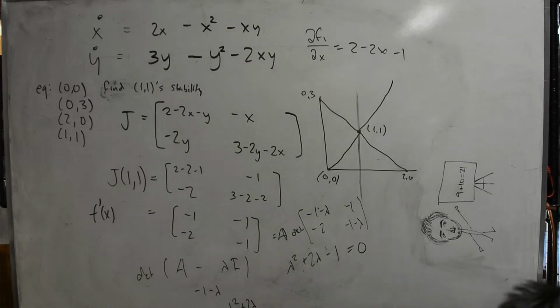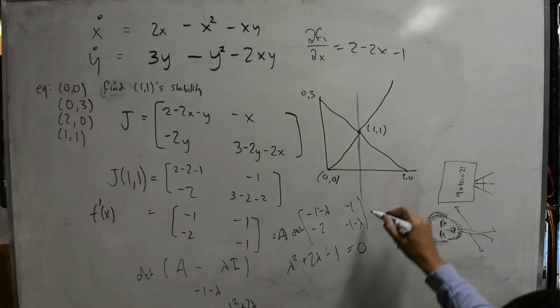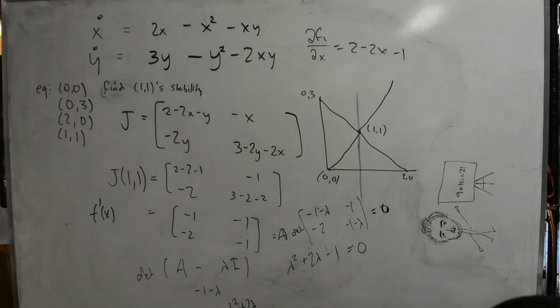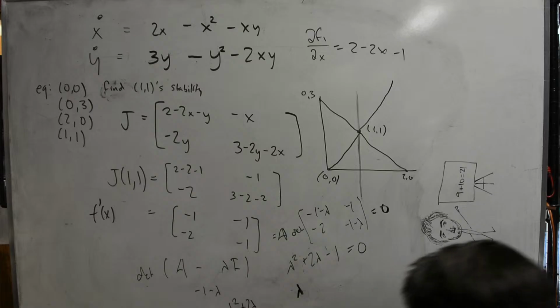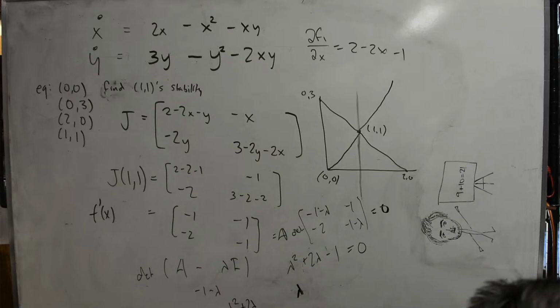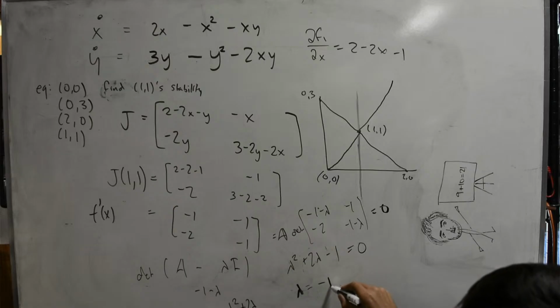So you're solving that. And so basically you're finding the values of A minus lambda I equal to 0. So lambda is minus 1 plus or minus square root 2.